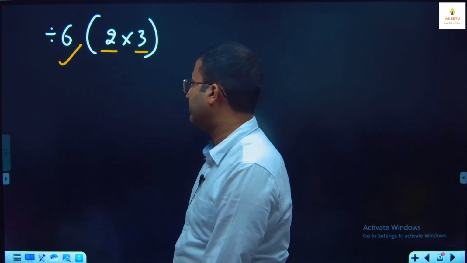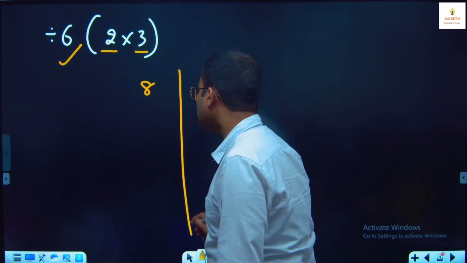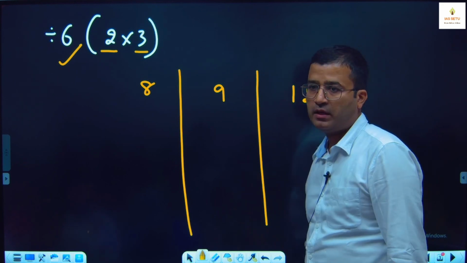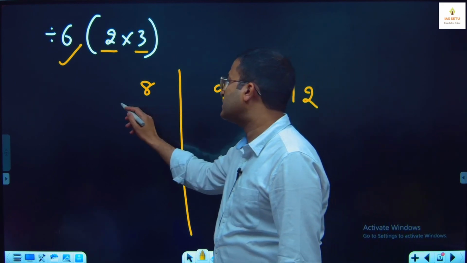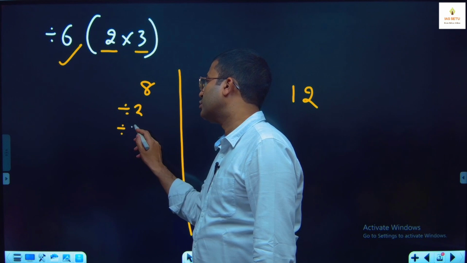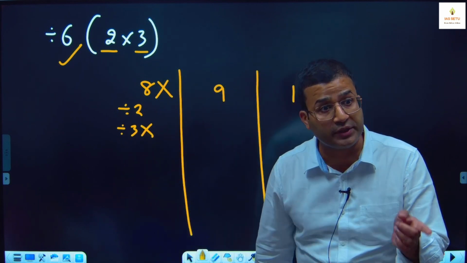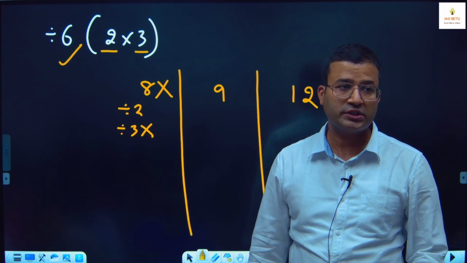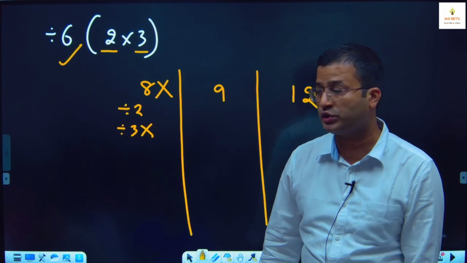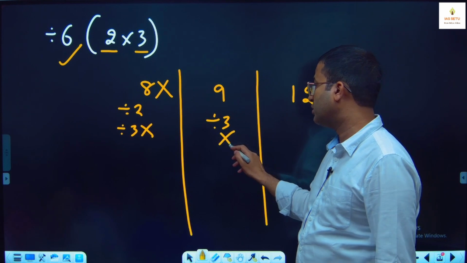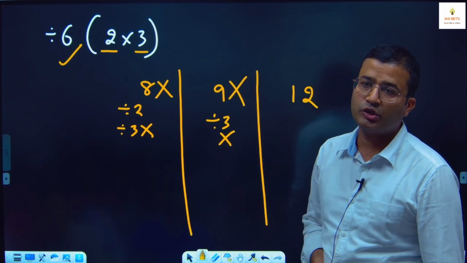Like I take example 8, I take example 9, I take example 12. 8 is divisible by 2, but it is not divisible by 3, that's why it is not divisible by 6. It has to be divisible by both. सिर्फ 2 से नहीं, सिर्फ 3 से नहीं, दोनों से. This number is divisible by 3, but it is not divisible by 2, that's why it is not divisible by 6.